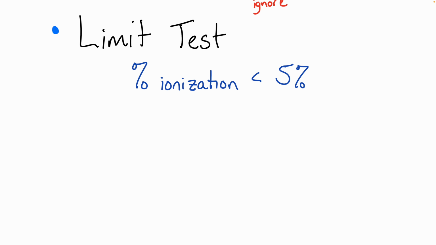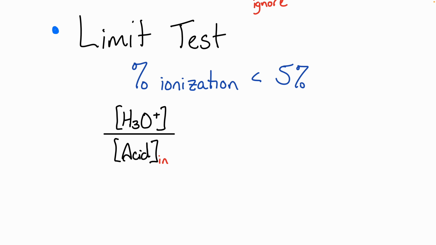All right, by ionization, I simply mean how much of that dissociation reaction has occurred. So our concentration of hydronium over the initial acid concentration times 100, because it's a percent, has to be less than 5.